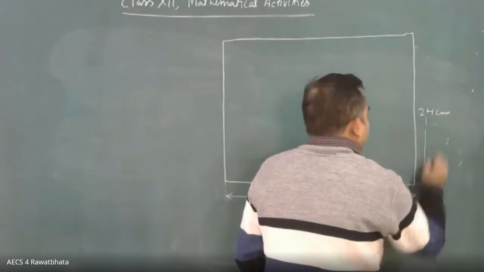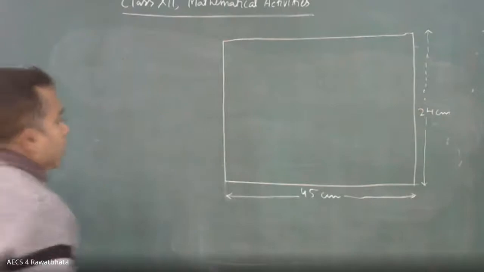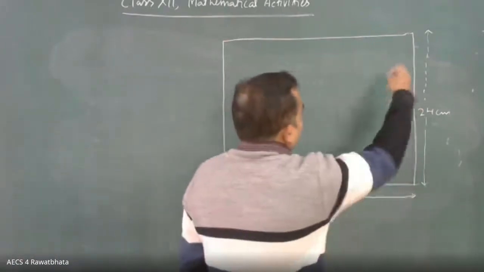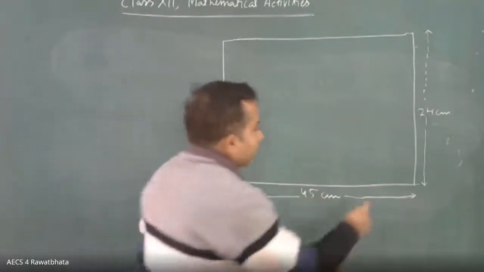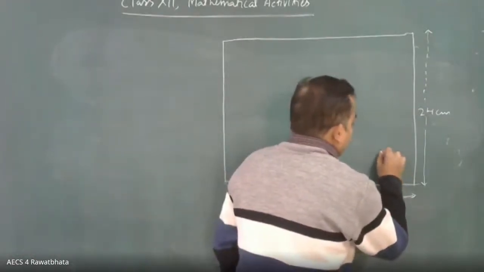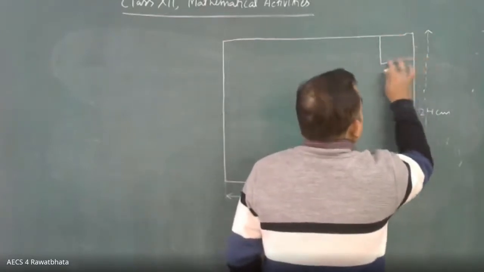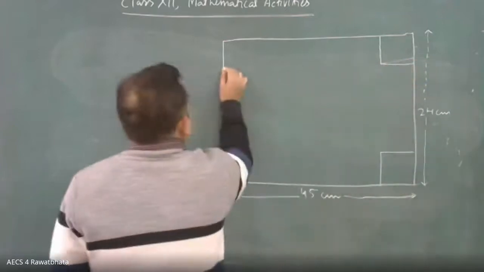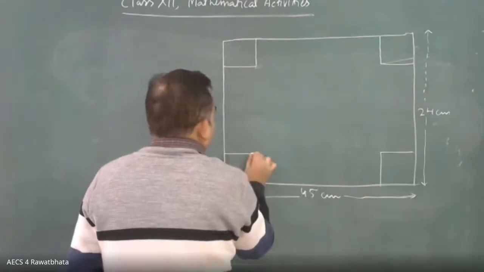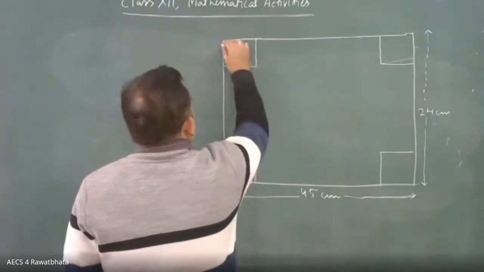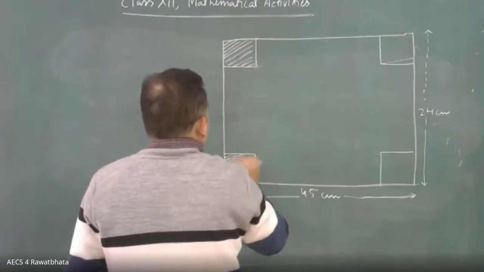As you have done in the question, from the corners the square corners will be cut off and the remaining portion will be folded. So let us make the square corners. One corner is this, one corner is this. तो फटाफट ये कॉर्नर्स आप ड्रॉ कर लीजिए, और इनकी साइड भी मुझे एज्यूम करनी होगी, तो मैं एज्यूम कर लेता हूँ x, और ये कट ऑफ करके निकाल दीजिए, रिमेनिंग पोर्शन को हमने फोल्ड कर दिया.